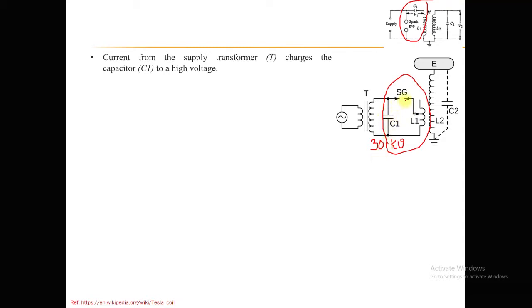Otherwise, if the length of the gap between the two electrodes is lower than 1 centimeter, then you cannot achieve the full excitation across capacitor C1, and you always get premature operation of this Tesla coil.